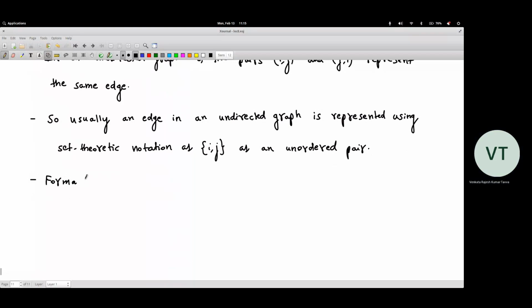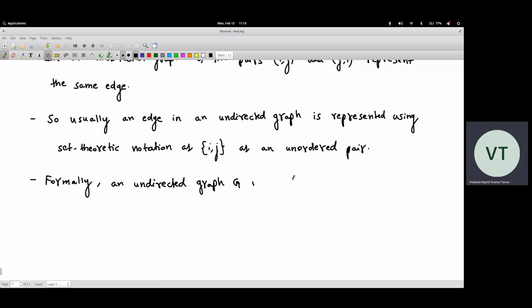Formally, an undirected graph G is represented as an ordered pair of vertices and edges.